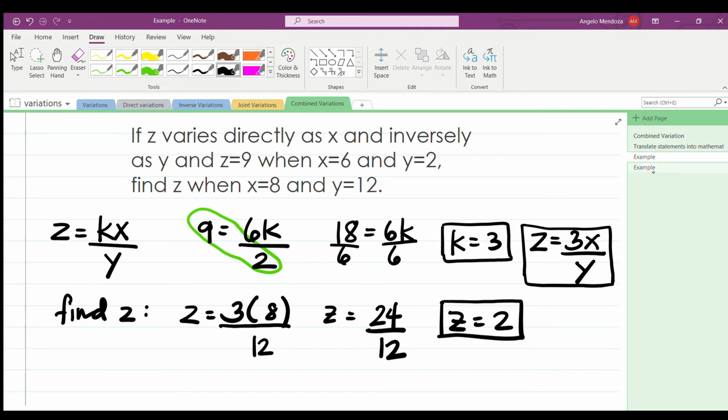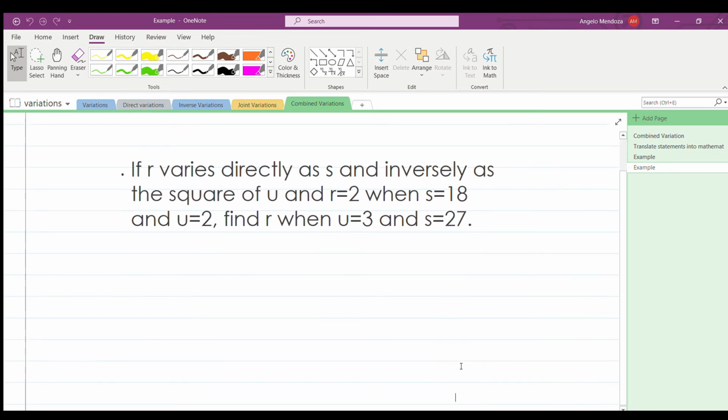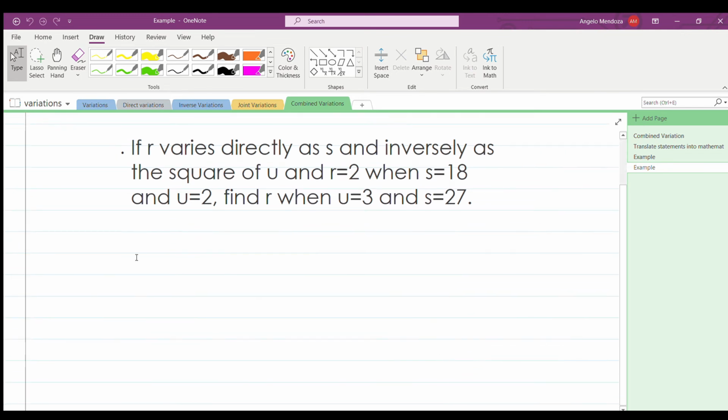Next example. If R varies directly as S, and inversely as the square of U, and R is equal to 2 when S equals 18 and U is equal to 2, find R when U is equal to 3 and S equals 27. So translate again.